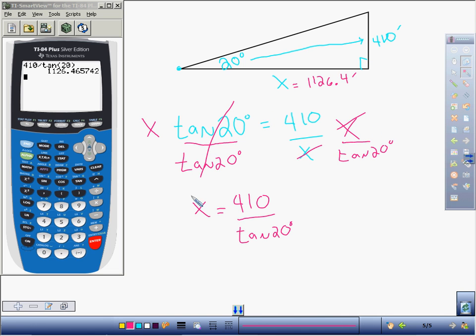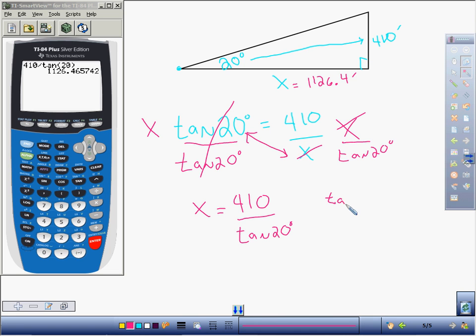And that's the other thing, if you notice, if I have one where the x is on the bottom, all I really have to do is switch places. I'm basically multiplying both sides by x and dividing both sides by tan of 20. But algebraically, what I could legally do is just flip-flop this and this to solve for x.